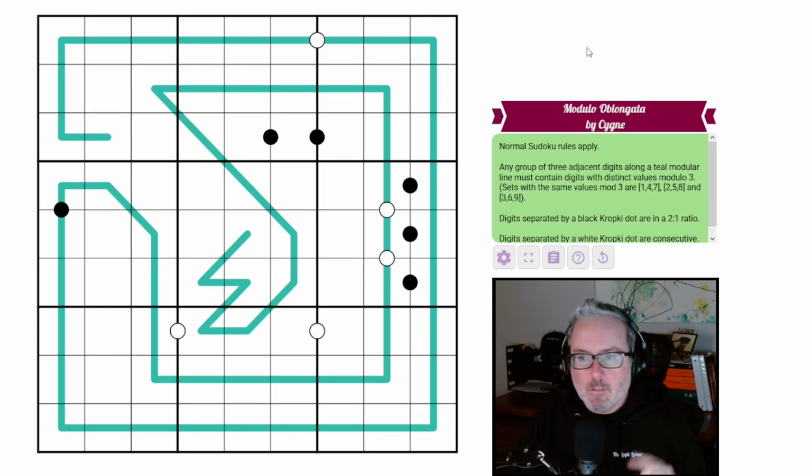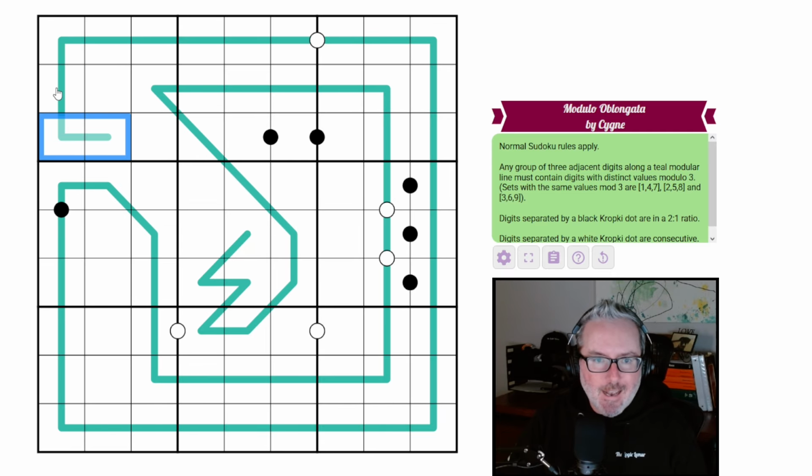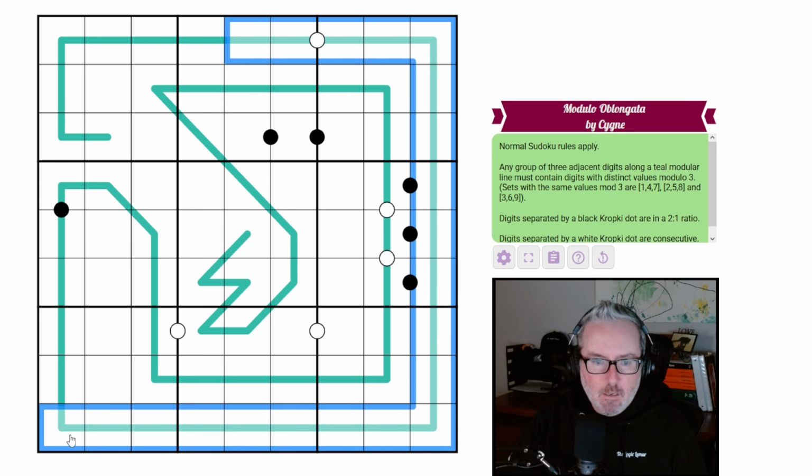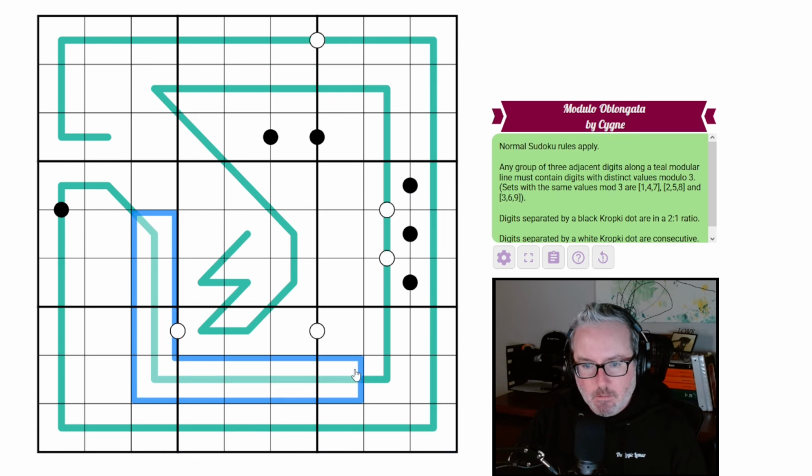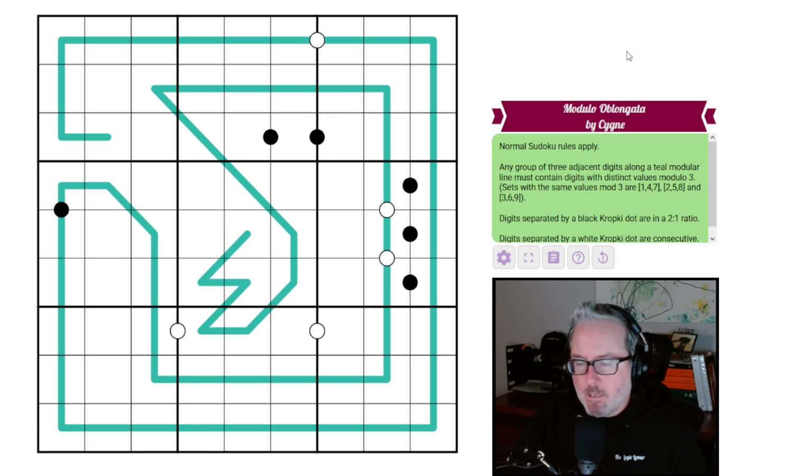So those groupings are, of course, 1, 4, 7, 2, 5, 8, and 3, 6, 9. So in this section, each of these will be one of those 3 groups, and whatever the pattern is that we work out is going to just continue the entire way around this long mod 3 line.